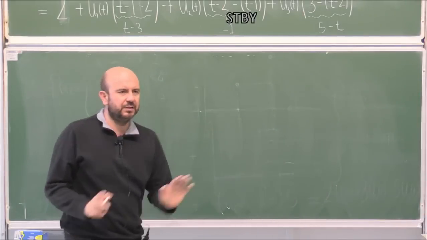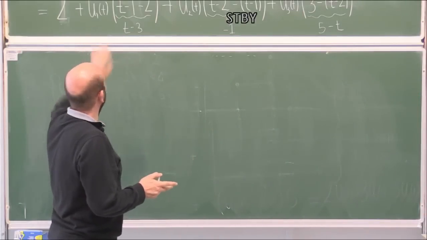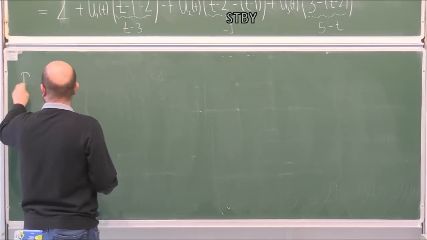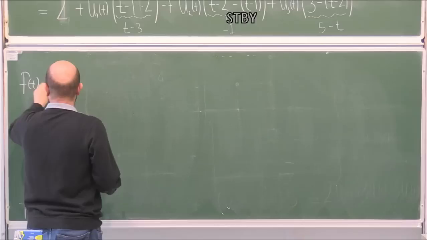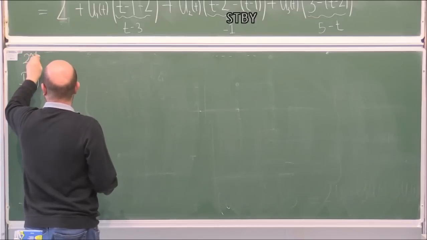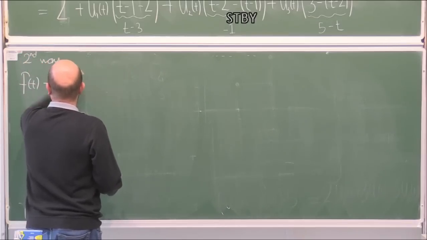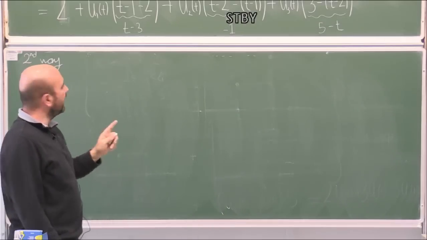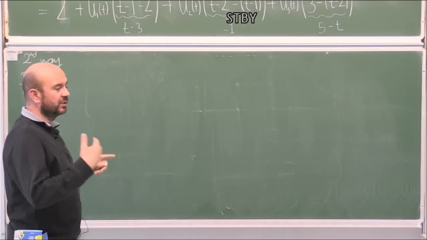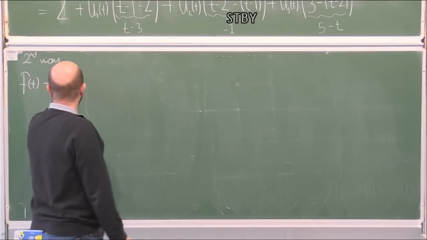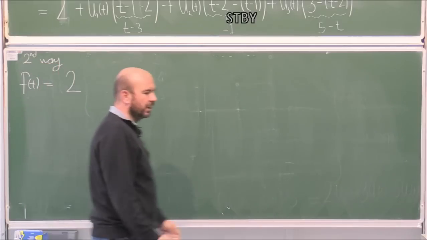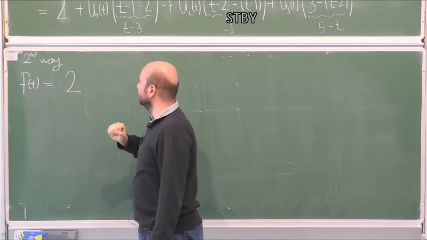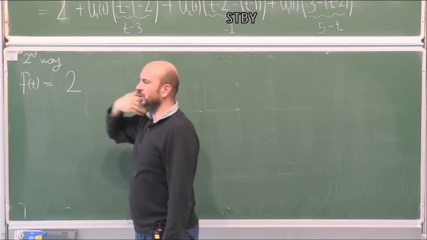Now, the idea is thinking of your function as a signal. All right. Second way. Now, what is happening for my signal? My signal or my function starts as 2. Okay. But if I just write 2, this means that this function will continue 2 forever.